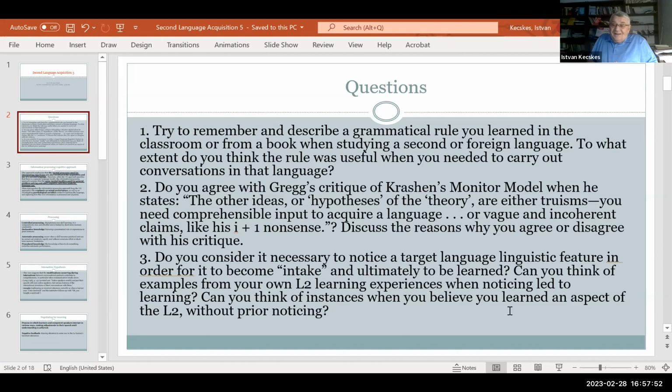And there is much less learning through not noticing. But the more proficient you become, the more your L2 acquisition process and use becomes similar to that of the first language, after all.